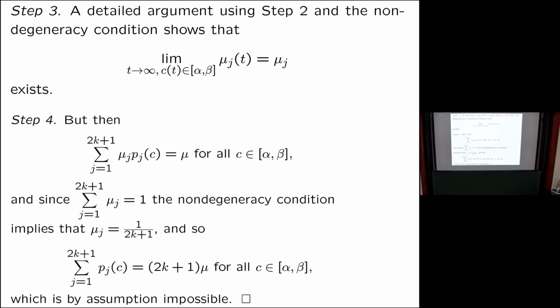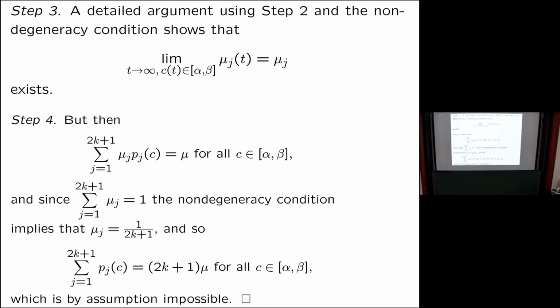But then you can pass to the limit, so you know that the sum of mu j of t, pj of c of t, tends to mu, and you get the sum from j equals 1 to 2k plus 1 of mu j pj of c is mu for all c in alpha beta.